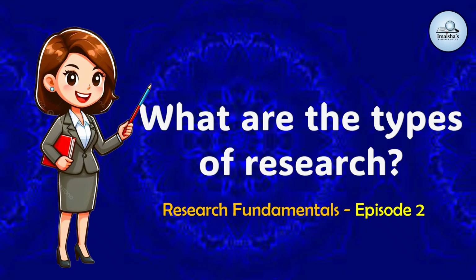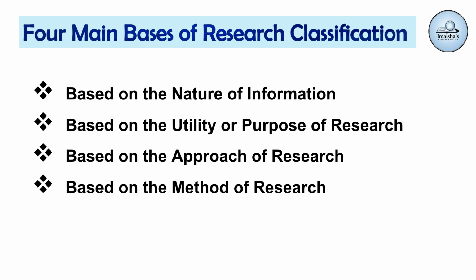Alright, let's get started. What are the types of research? You might have already noticed that not all research looks the same. Some researchers collect numbers and analyze data with statistics, while others focus on people's experiences or opinions.